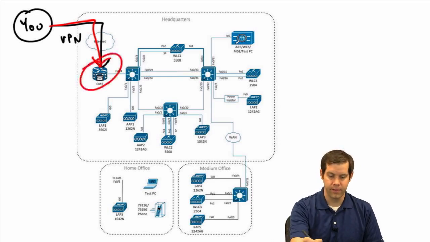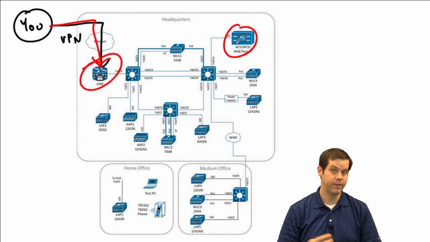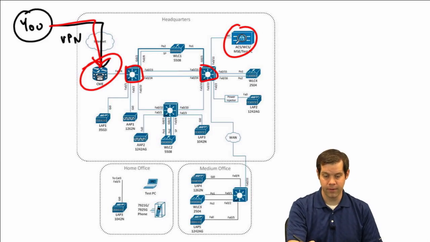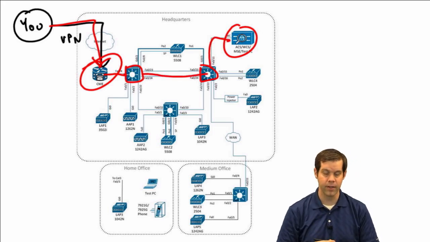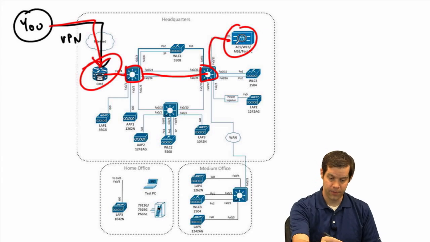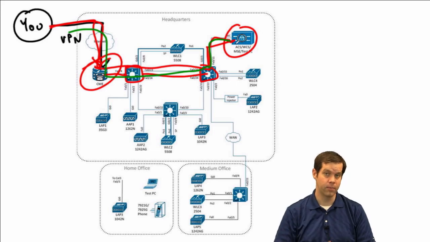To get beyond the CME router, let's say we were trying to pull up the GUI of the WCS server, we need to have the switches configured such that the port to the CME is configured correctly, the switch-to-switch links are configured correctly, the switch-to-server link is configured correctly, we have default gateways configured, we have routing configured. The full end-to-end path between you and the server needs to be configured correctly, otherwise you're not going to be able to pull up that GUI.